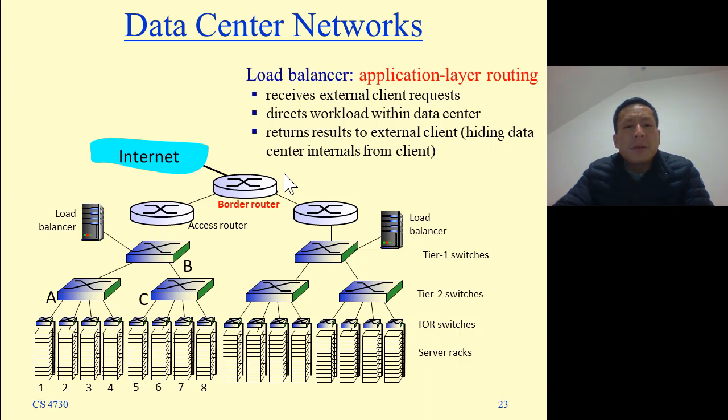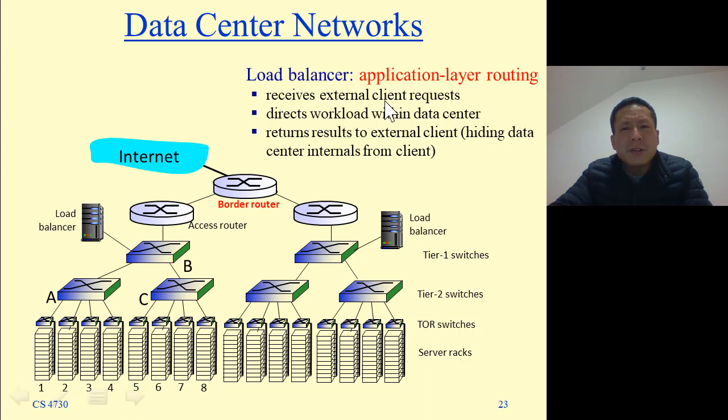So this is a very typical data center network. Supposedly this is a border router, and below that you have many access routers, and there are many tier 1 switches, tier 2 switches, top of the rack switches, and many servers. So you can see the servers are at the end of this hierarchy.